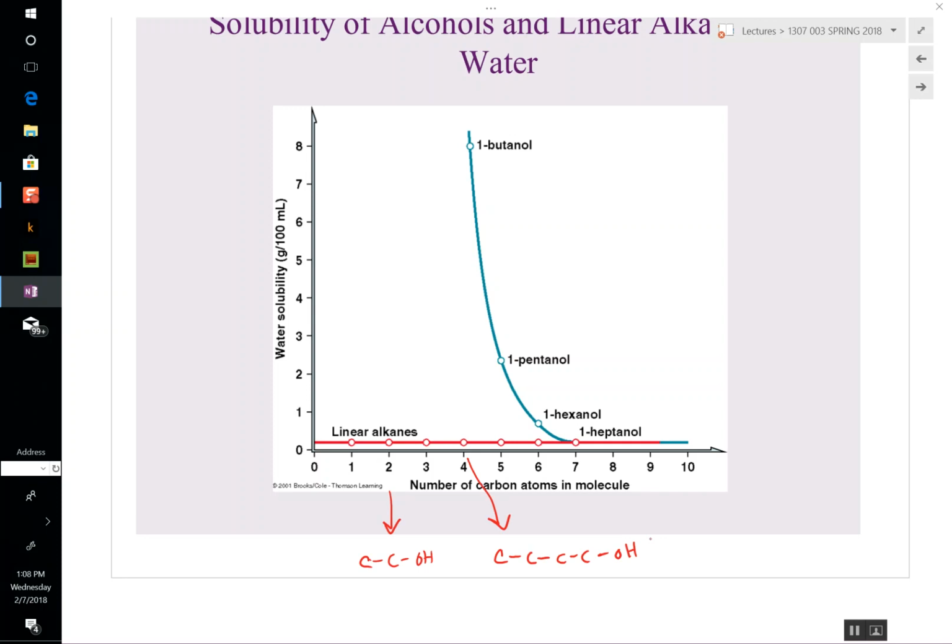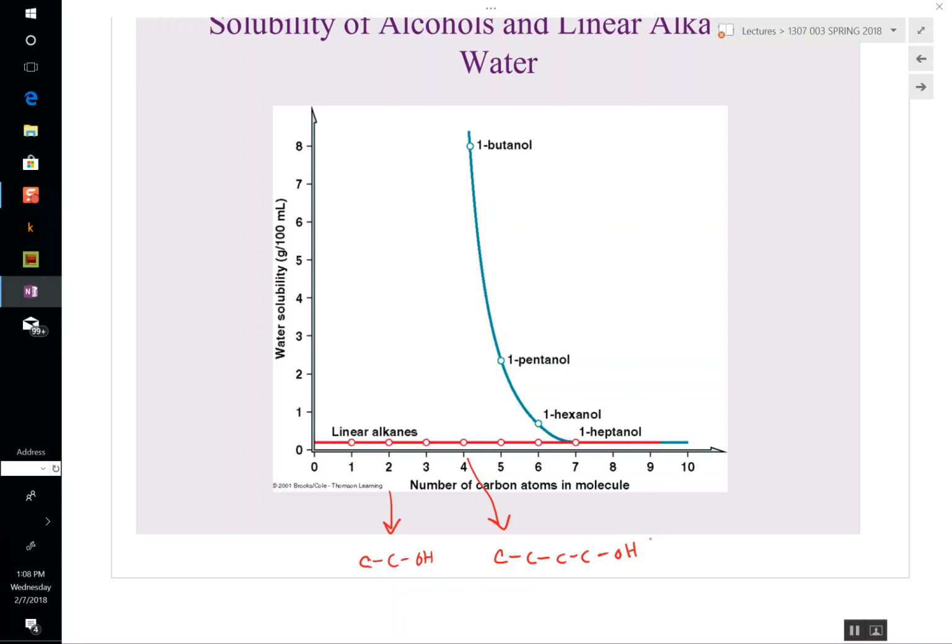All right, there's other things. I won't draw the whole structure, but there's the longest chain with an OH on it. 5 carbons, 6 carbons, 7 carbons. There's butanol. It's at about 7 grams in 100 milliliters of water. It looks a little bit more like 7.9 or 8, but that's it. The line is going way up there because when you get to propanol, it's really high, and these two, it's infinite.